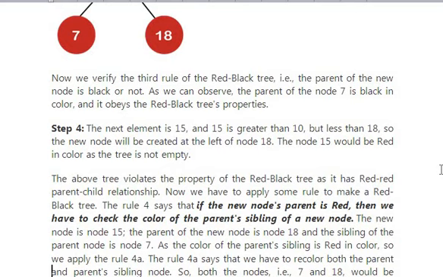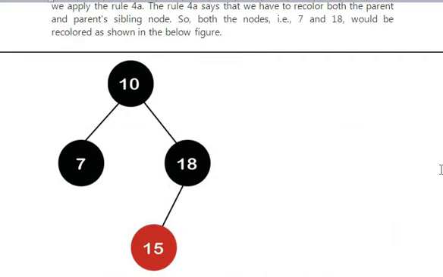The new node is 15, the parent of the new node is 18, and the sibling of the parent node is 7. As the color of the parent sibling is red, we apply the rule. We have to recolor both the parent and parent sibling node. So both the nodes 7 and 18 would be black.